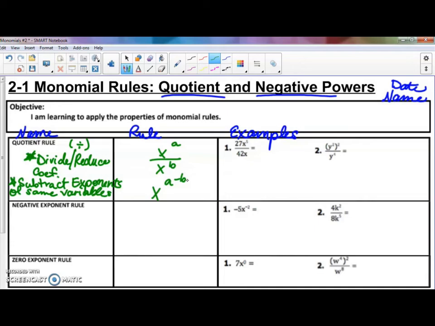Now our first example, we're given 27 x to the fifth over 42x. First things first, we have to reduce or divide these coefficients. Please use Desmos because it does a lot better with the fractions. We do not want decimals. For these, we always want to write our answers as a fraction.